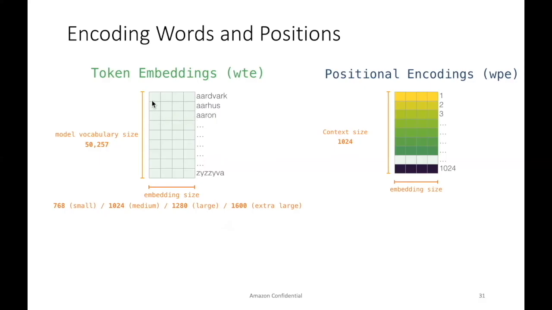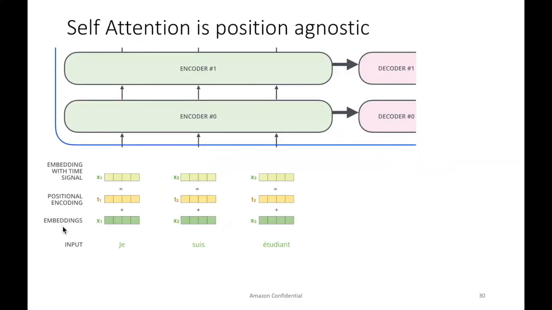So this way, when a word comes in, for example, the first word, aardvark, then we will just pick up this first row as its representation, and that representation will be fed in.